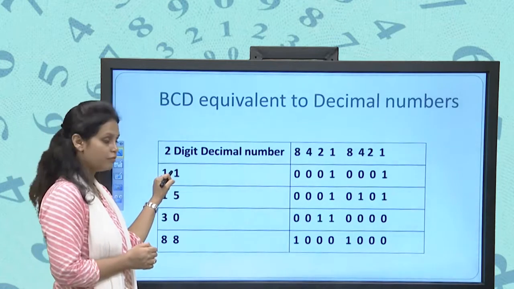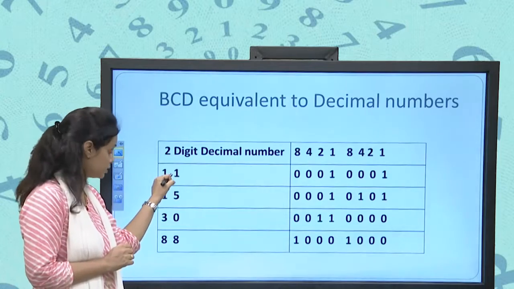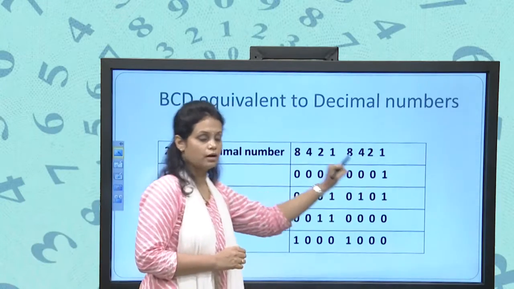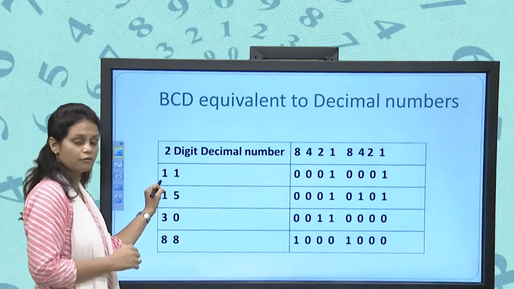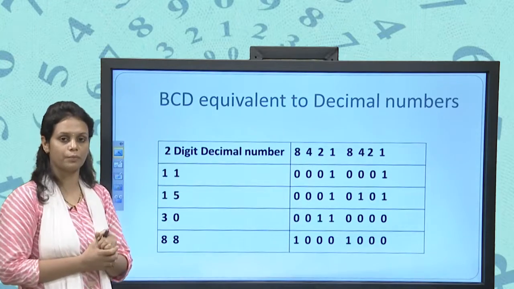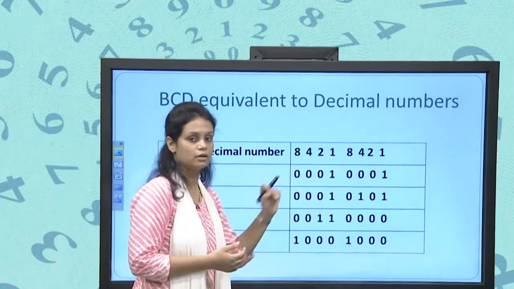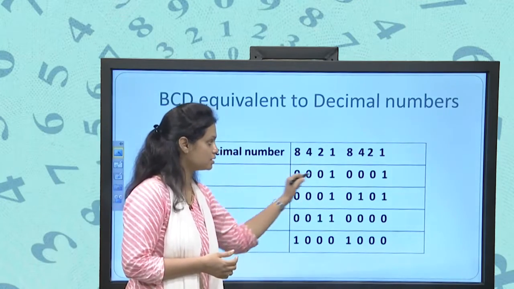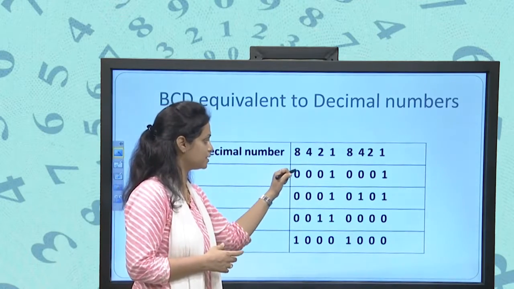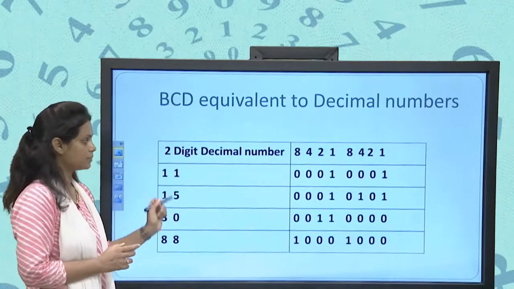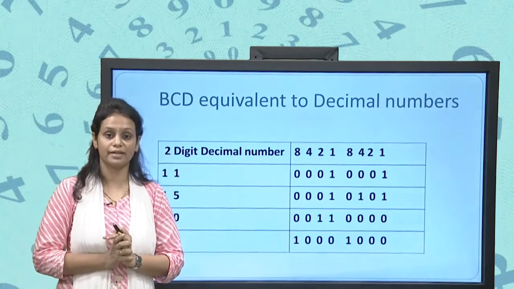So first we have to represent 1 using 4 bits, this is 0001. Again for the next digit we have to use 4 bits separately, so again we will write 0001. So this whole combination, 0001 0001, represents 11 in binary coded decimal.